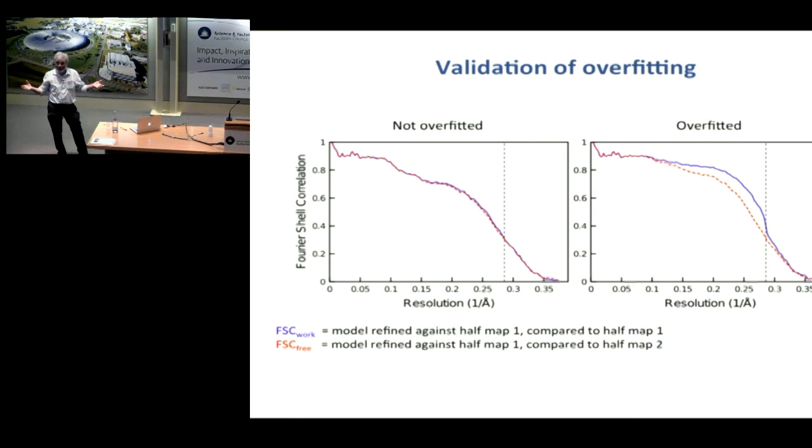The whole idea is that you refine against one part and then calculate a prediction error. But if you do a quarter or 10%, you have to remember one thing: the noise level for 10% of particles will be much higher than for 90% of particles. So when you calculate your prediction error, you have to factor in the noise level also.